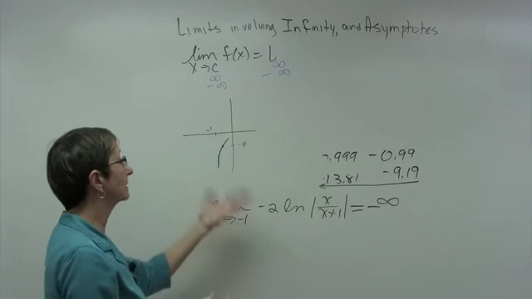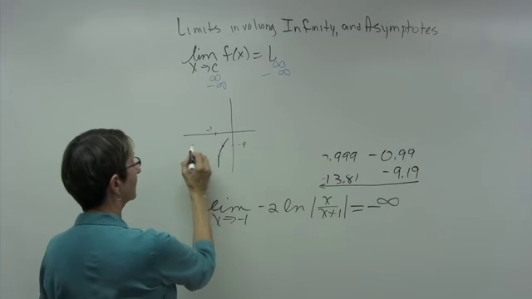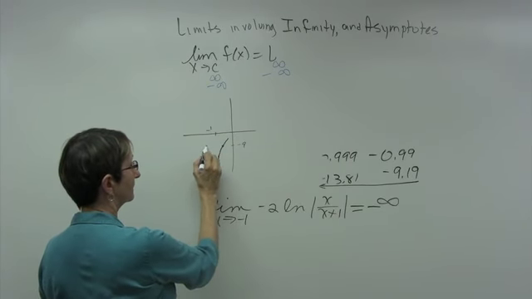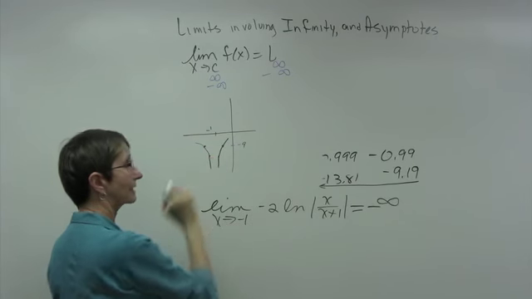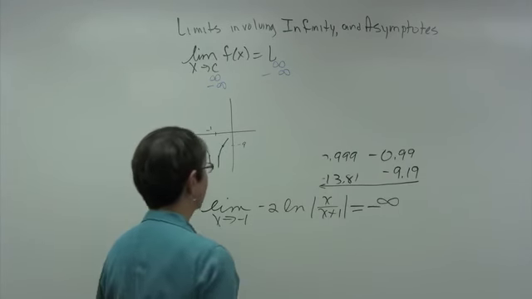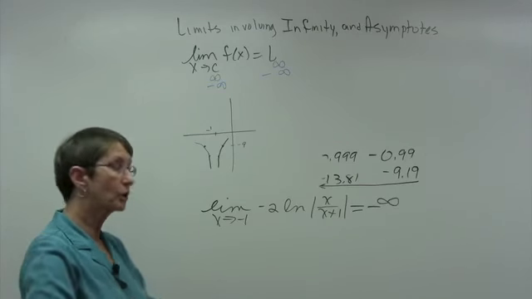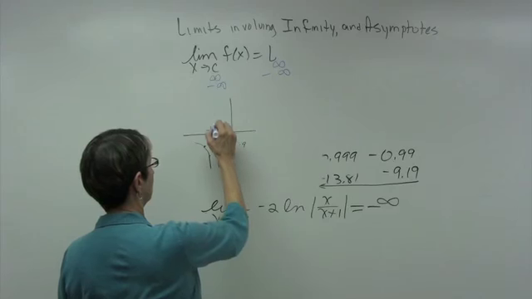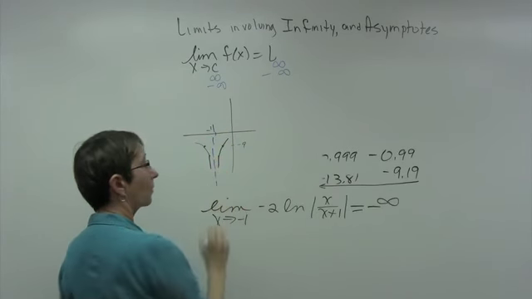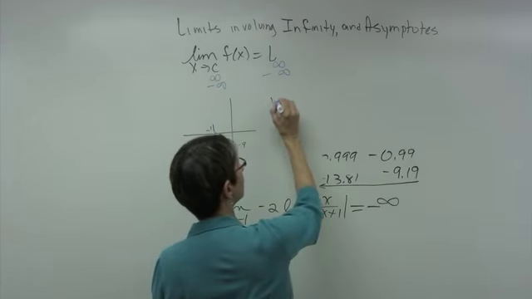And the same thing happened that I erased on the other side. I was also at about negative 9 and then about negative 13, so the numbers are going down like that. So what is happening is I'm getting larger and larger and larger, but since I know I can never have a negative 1, what I have here is a vertical asymptote.